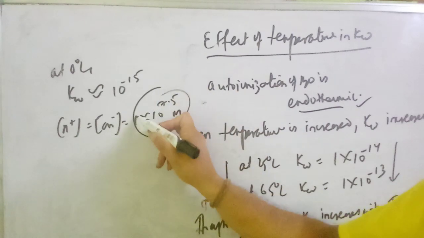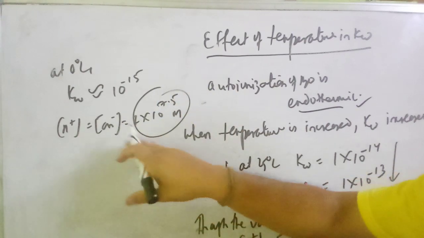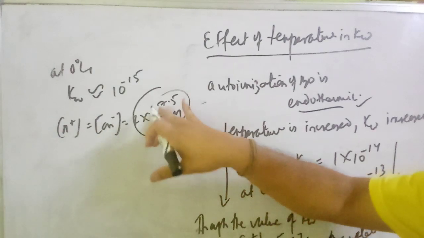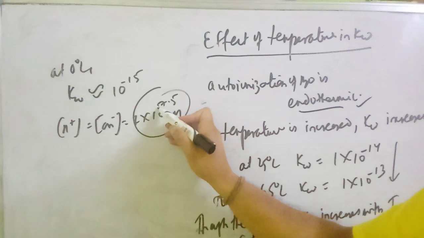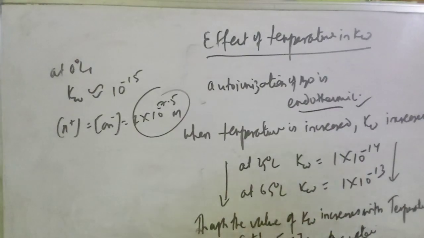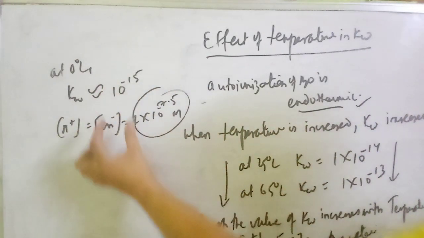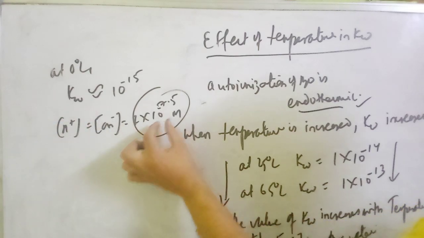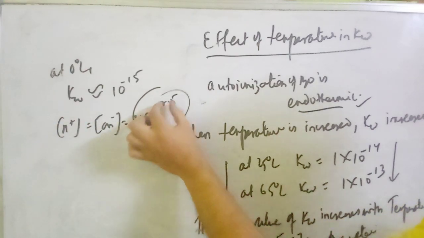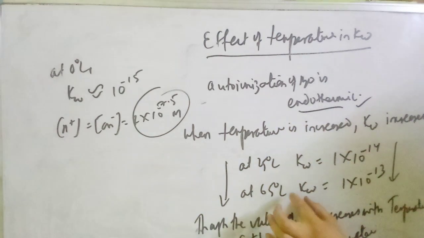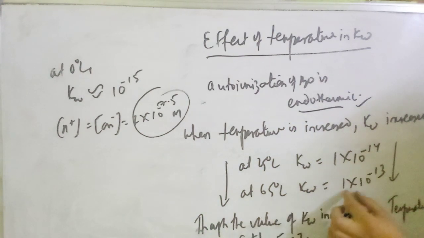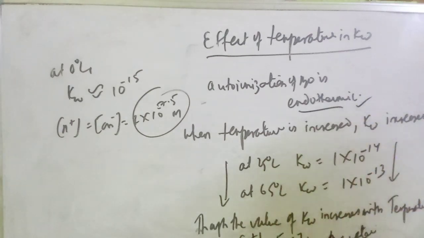So here both are equal, but that is not 10 to the power minus 7, it is 1 into 10 to the power minus 7.5. So at 0 degree centigrade, the H plus ion is a little bit less, 1 into 10 to the power minus 7.5, but at 25 degrees centigrade, 1 into 10 to the power minus 7, and at 65 degrees centigrade, 1 into 10 to the power minus 6.5.